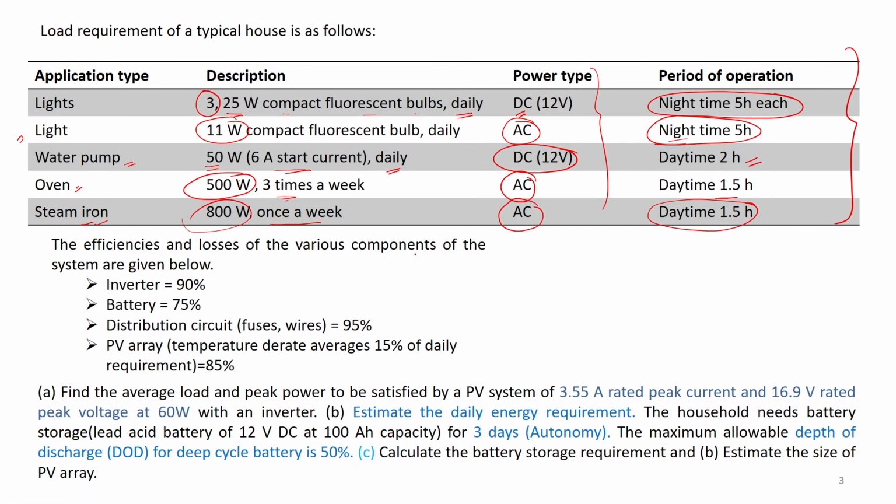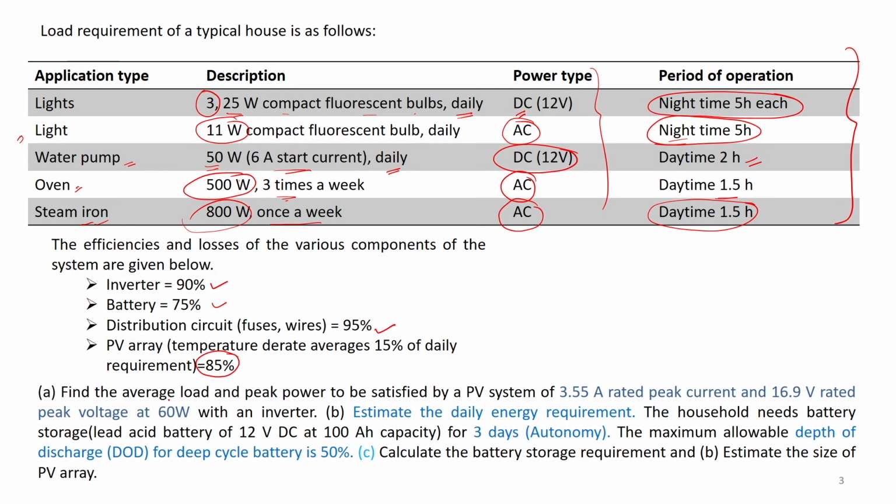Efficiencies and losses of various components of the system are given: inverter efficiency is 90%, battery is 75%, distribution circuit, fuses and wires is 95%, and the PV array, due to temperature derating, is about 85%.